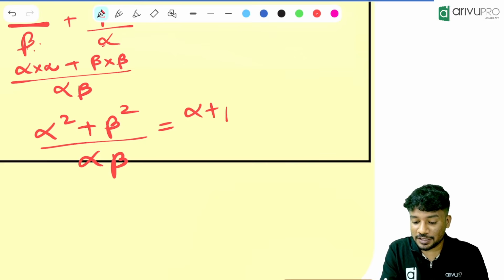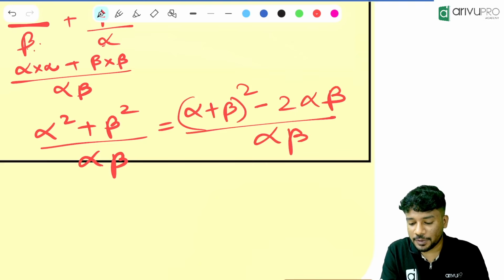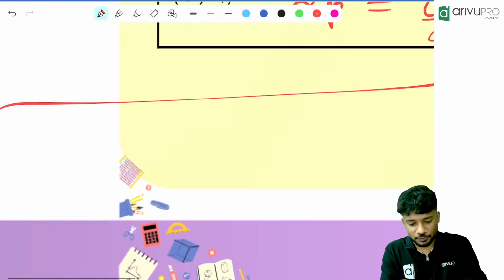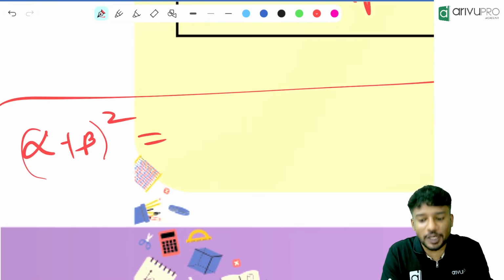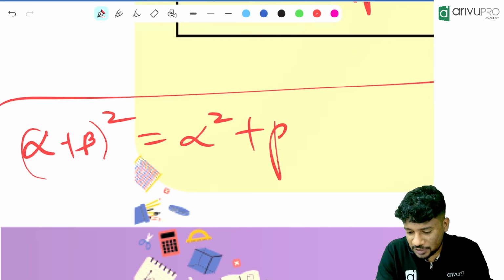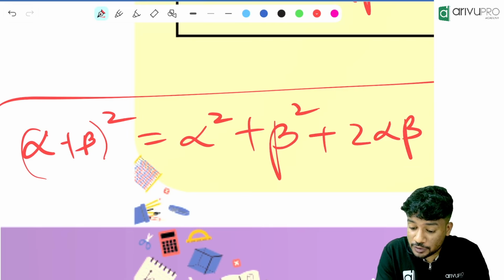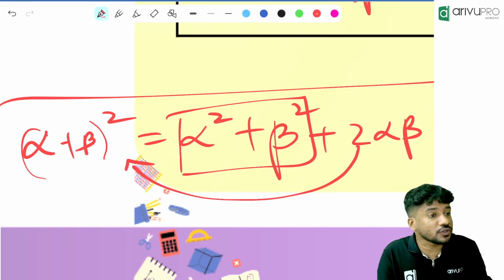(Alpha plus beta) the whole square minus 2 alpha beta, divided by alpha beta. Now someone will be like, sir, it is minus 4 alpha beta, right? No. I'll tell you why. (Alpha plus beta) the whole square is equal to what? Alpha square plus beta square plus 2 alpha beta. So in order to find alpha square plus beta square, this 2 alpha beta goes to this side, right?